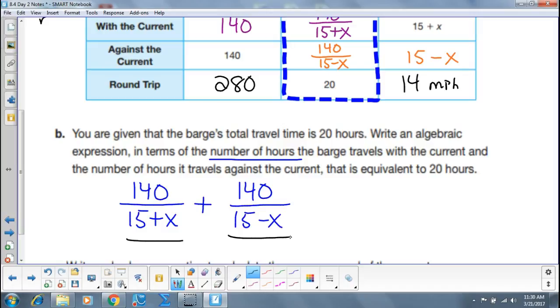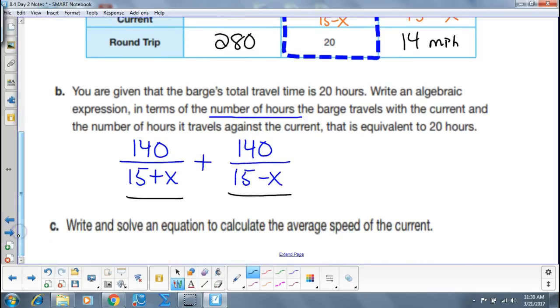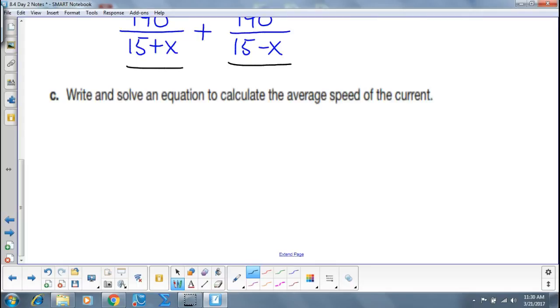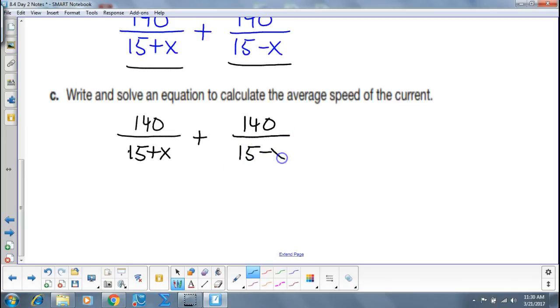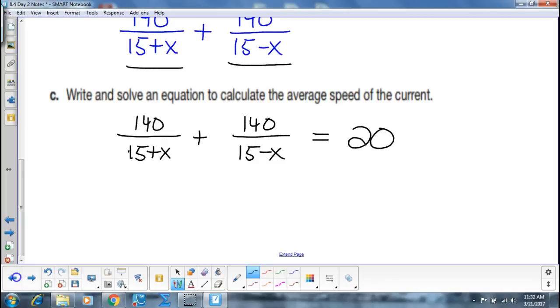Altogether, that's equal to 20 hours. So, what we need to calculate now is 140 because that's equal to 20. So what I want you to do now is I want you to find me x.